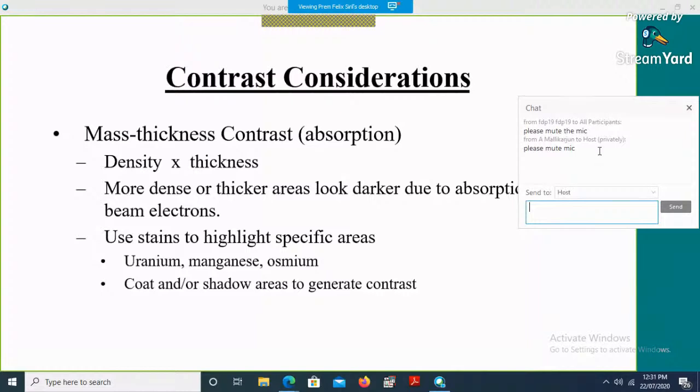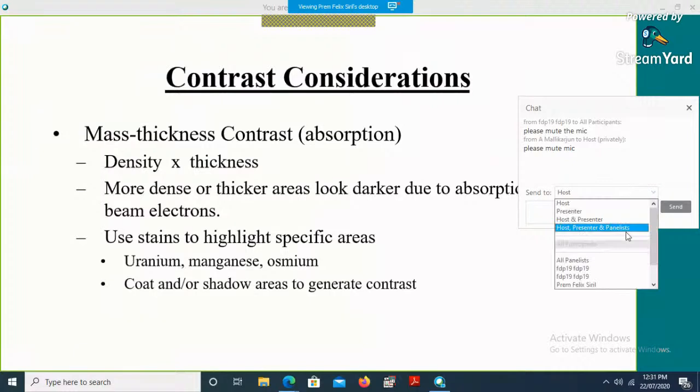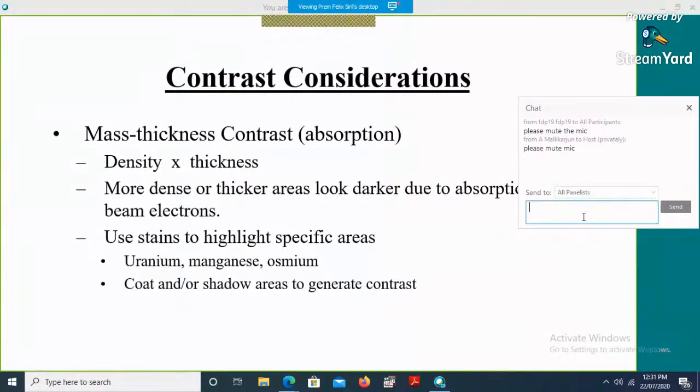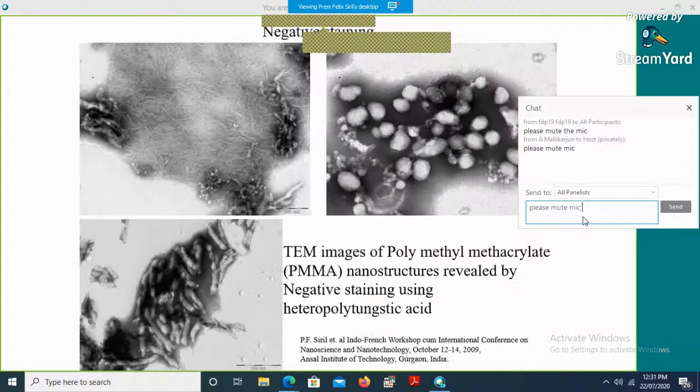In those cases, staining is done. Staining is done by using heavy elements like uranium, manganese, and osmium. The salts are deposited onto the sample, so a negative contrast is created in this fashion. Just to give you an example, this is PMMA nanostructures.